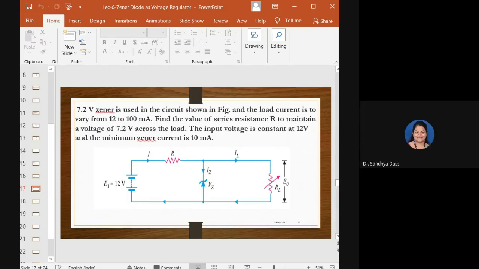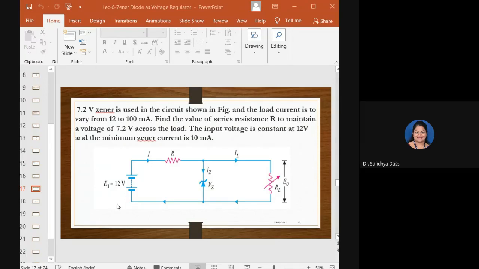What does it indicate? The voltage drop across the load resistance. Also correct, but it's also equal to VZ. Yes, very good. So VZ is given. The sentence itself starts with a 7.2 volt Zener, which means the Zener voltage VZ is 7.2 volts.